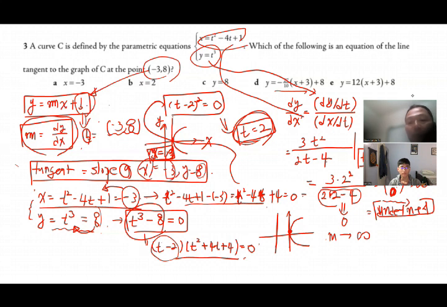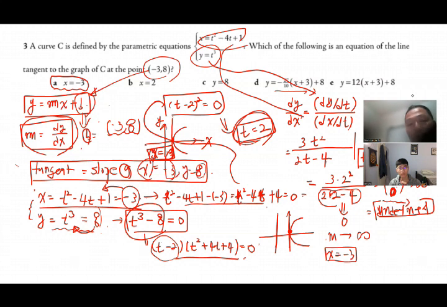So you pick the point, and you have the vertical line as the tangent to the curve. X must be minus 3 for a vertical line. So that is A. Answer is A.